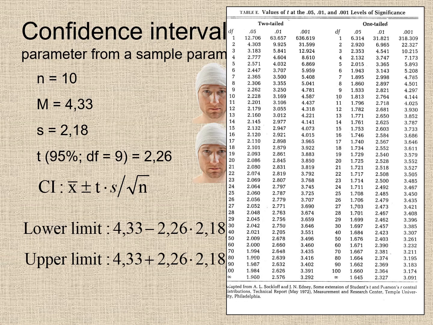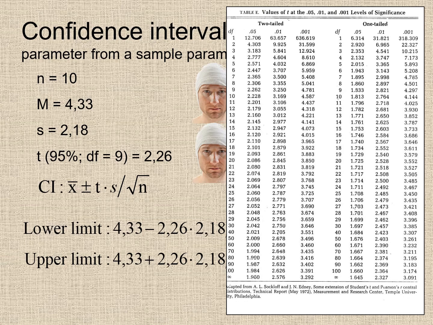So if we draw a sample of 10 individuals from a certain population and calculate the mean in the sample, then with 95% probability, the sample mean will be somewhere between 2.26 standard errors below and 2.26 standard errors above the population mean.